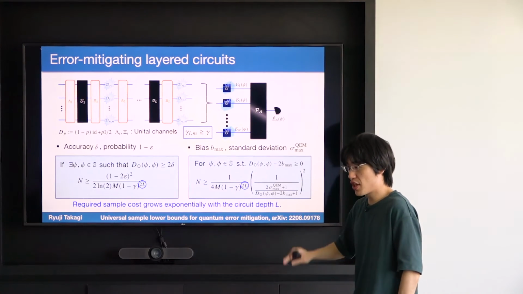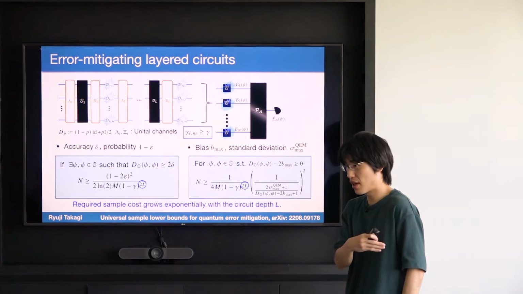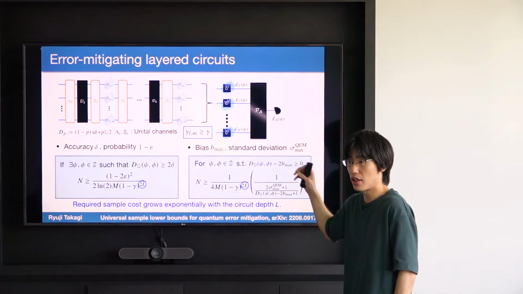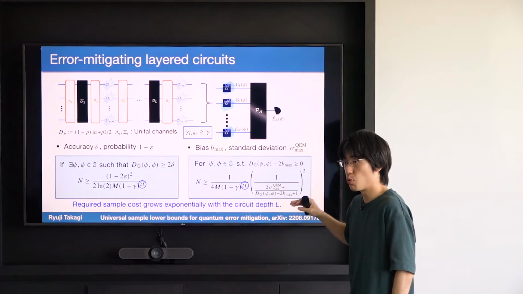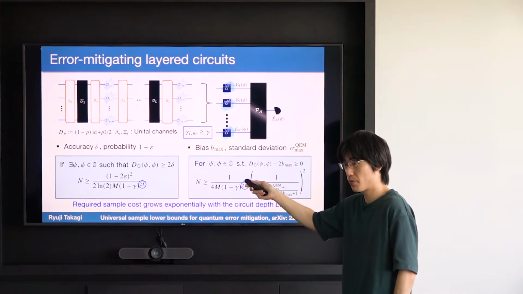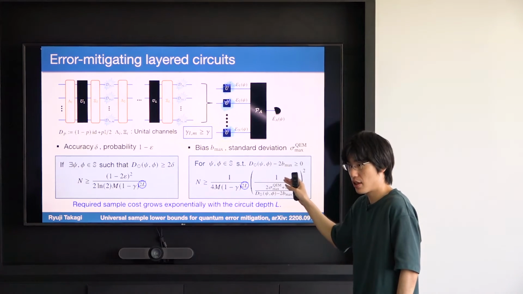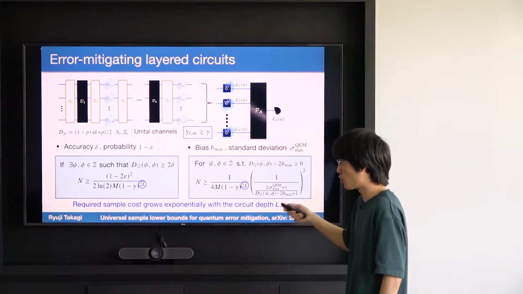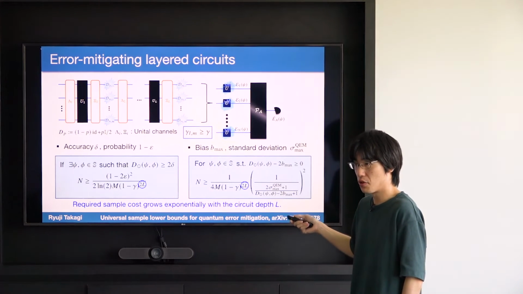And the recent progress put out this week was also looking at the number of qubits in this circuit, and that should also grow exponentially with respect to the number of qubits as well as the depth. So it's a matter of how good a lower bound you could get.